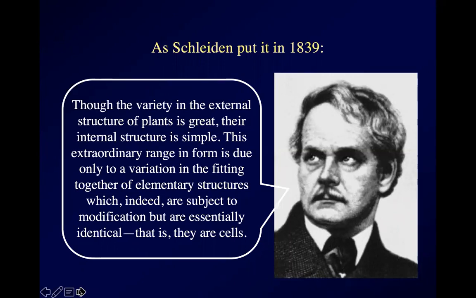That is, they are cells. So plants range from mosses to flowers to oaks to redwoods. They have a huge range of size and shape, and yet the cells that they're made of are not really different from each other. The difference is just in how you arrange them.